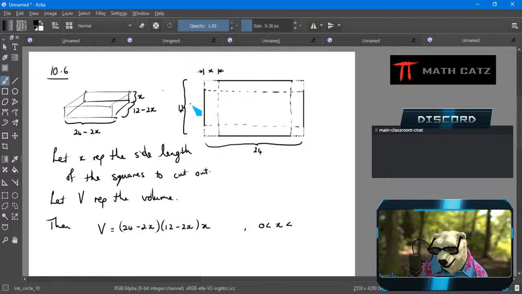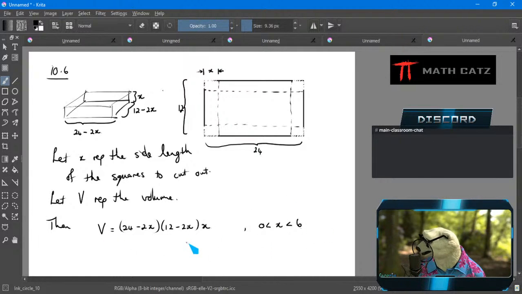So I can't really go any further than 6. Now I can't actually cut out 6 because then I have nothing left. So I'm going towards 6, and in this case I can't really obtain these quote-unquote endpoints. They are boundary values, but I can't actually get them because if x was equal to 6, then I'd see from this factor over here that my volume is 0 again. So x is definitely bounded by these two from a practical standpoint.